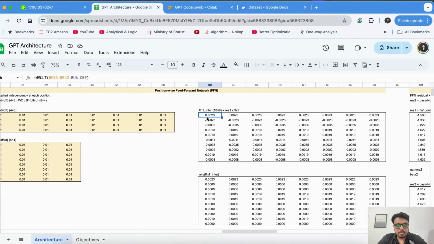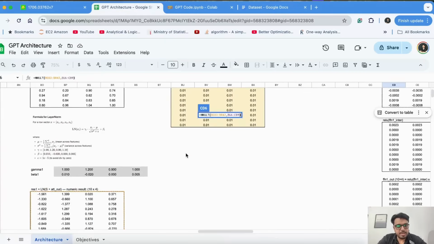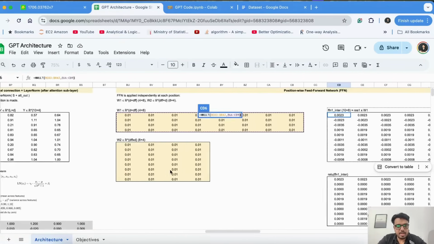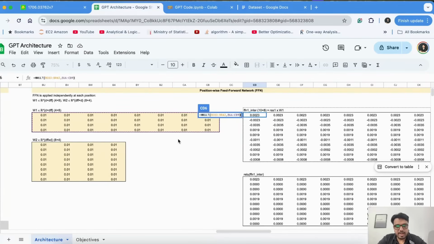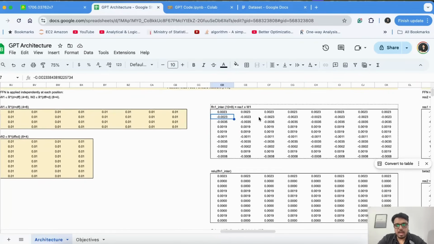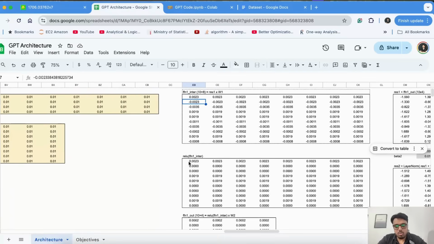The first computation is a matrix multiplication of the output from the last layer with W1, and the resultant output is a 10 by 8 matrix, and then we apply ReLU on top of that. ReLU is nothing but taking the max of 0 and each element, and this is done to avoid vanishing gradient problems during training.